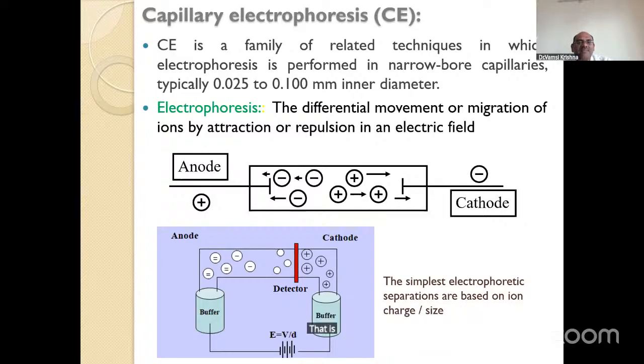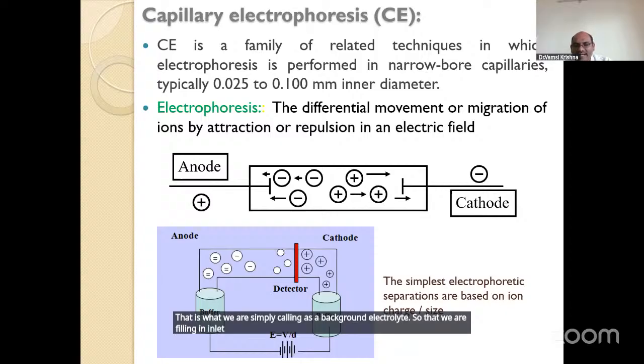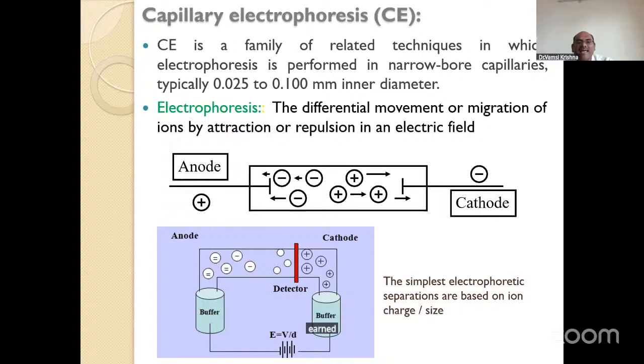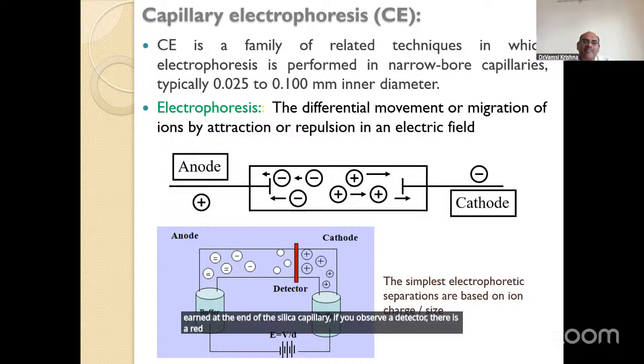These two vials are connected by a silica capillary, and at the end of the silica capillary, if you observe, there is a red colored portion, which is called the detector.